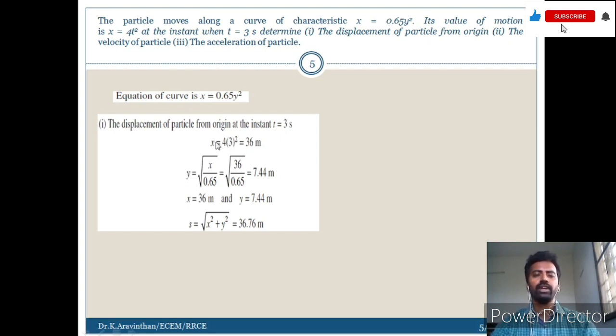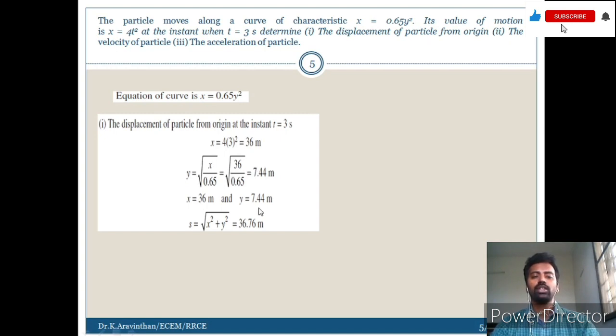So now you can find the y distance. We can apply the x solution in this equation to find the y component. So if you substitute 36 in the x component, you will be getting y equal to root of x by 0.65. So here x is 36, which we have identified, and the y component is 7.44 meter.